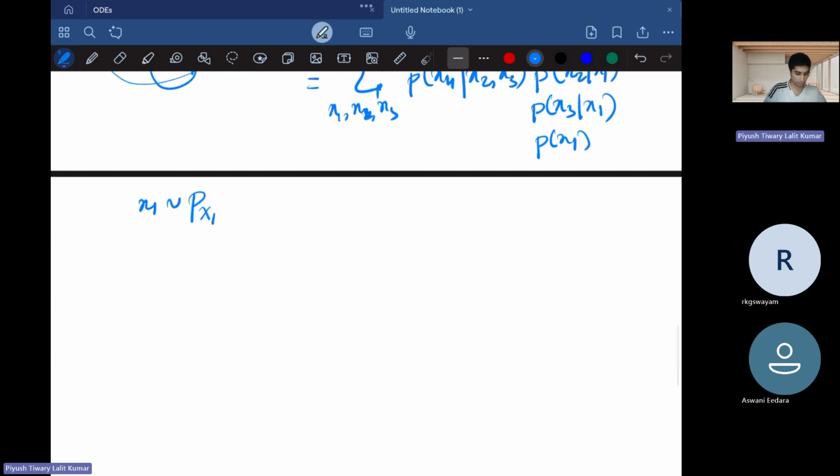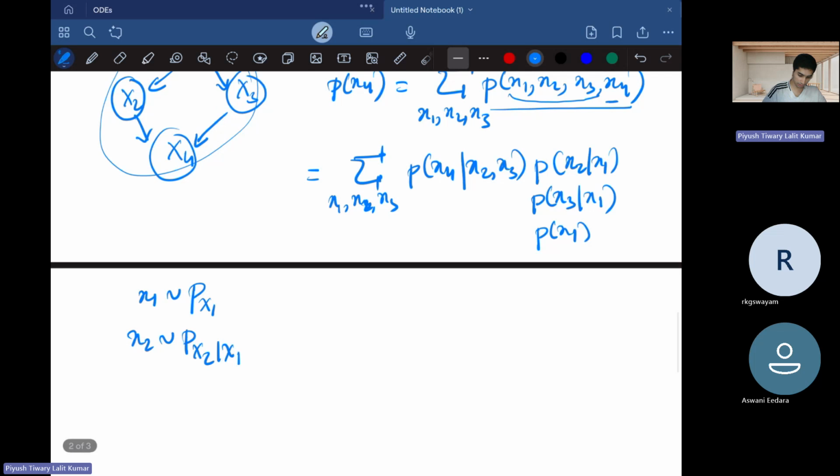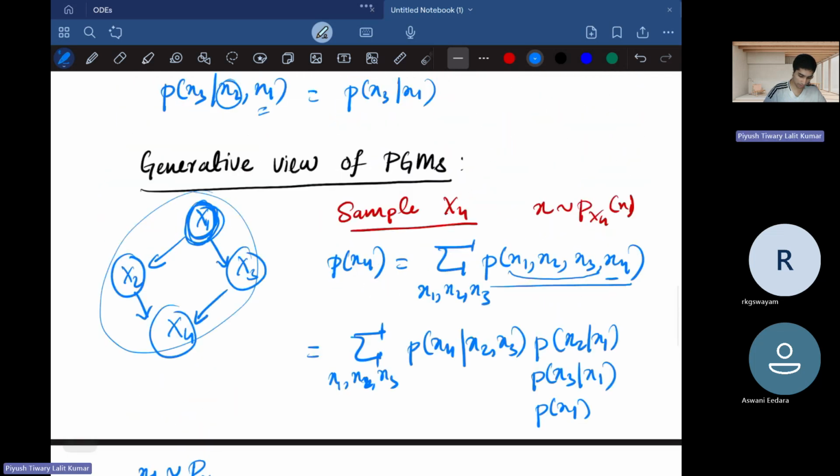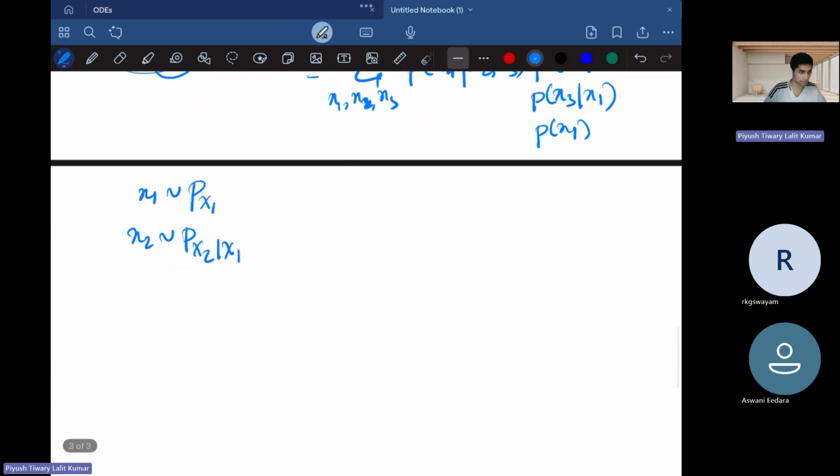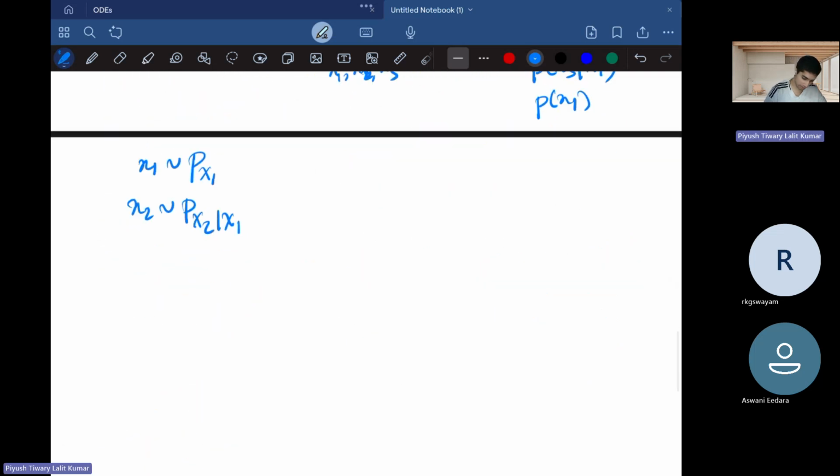Once you sample x1, then you sample x2 from P of x2 given x1. Because that is what the graph is telling us, that once you have x1, you can sample x2 as well using this conditional distribution. Similarly, now sample x3 from P of x3 given x1.